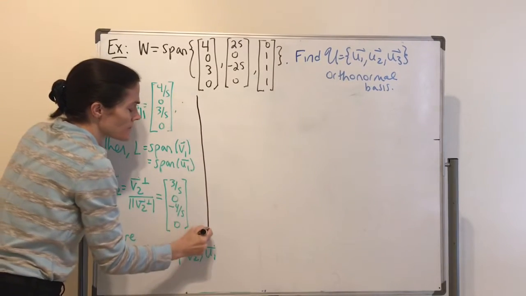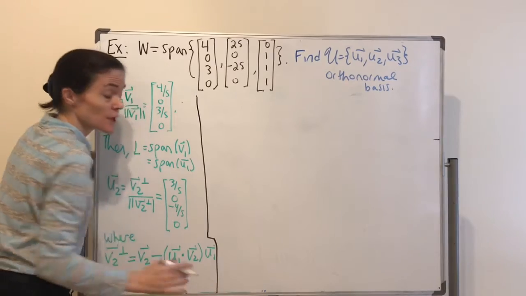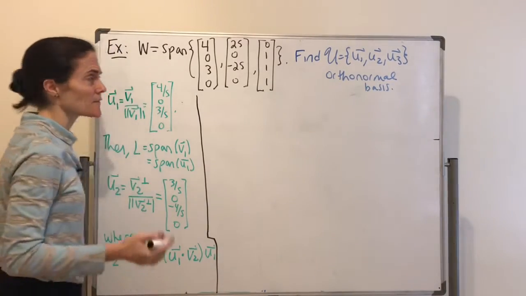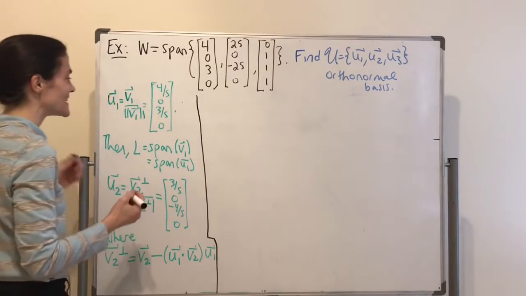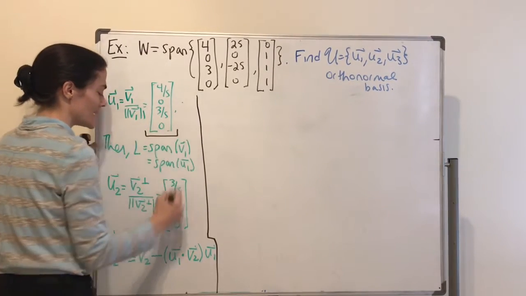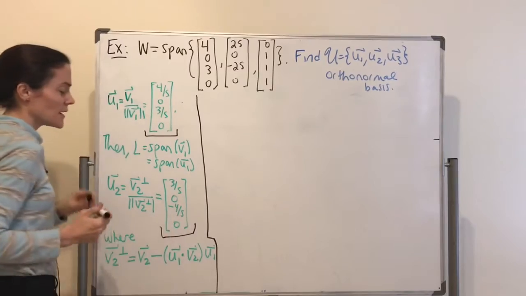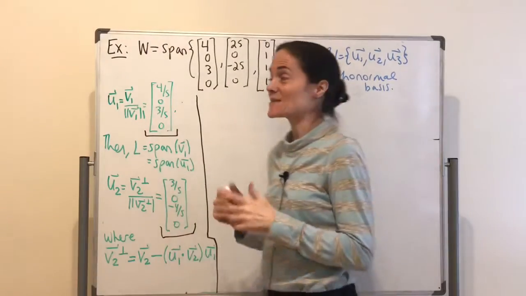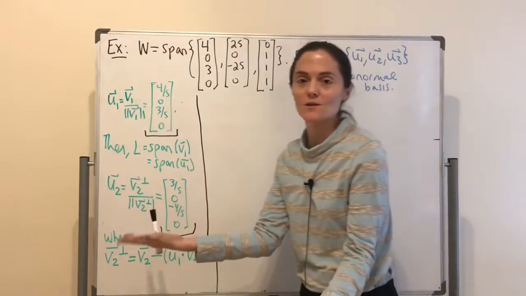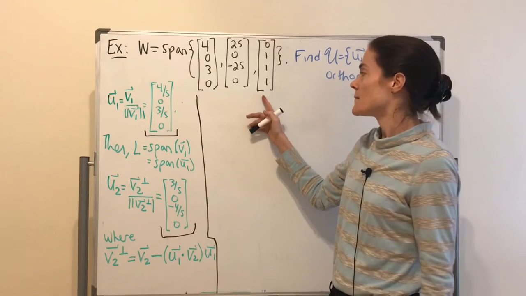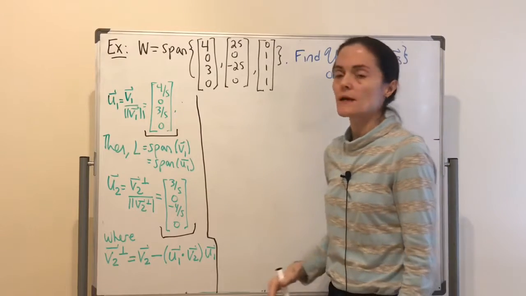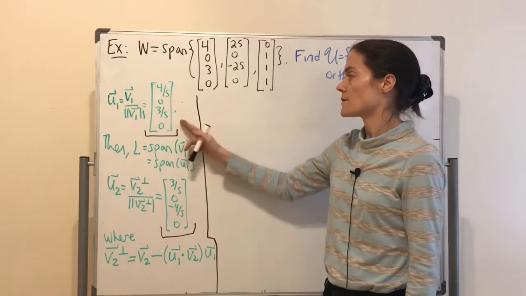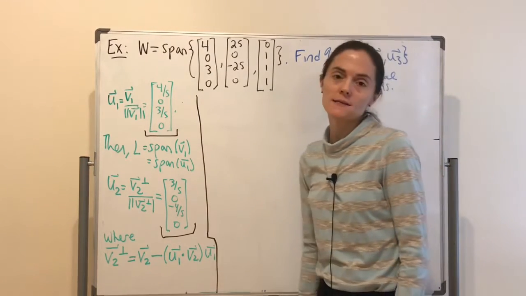So far in finding u1, u2, u3, this is exactly like the first example, because u1 and u2 are literally the last example I just did. So we have u1, we have u2. What would I do next? I have 2 vectors now that are orthonormal, and then with this one, you can dot product with either one of these, and you will realize that it is not orthogonal to them.